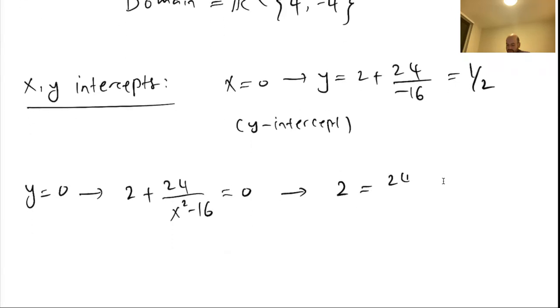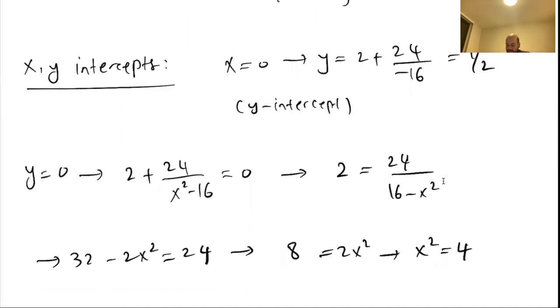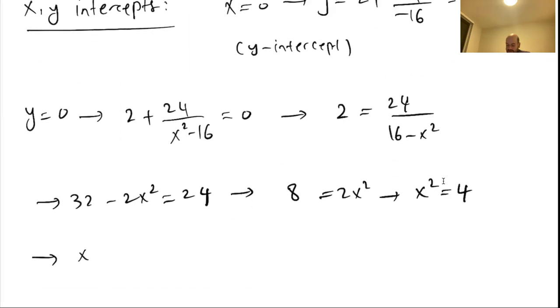If I take this 24 over x squared minus 16 to the other side, 24 over 16 minus x squared. So 32 minus 2x squared equals 24. And that gives 8 equals 2x squared. x squared equals 4. x equals plus minus 2. These are the x-intercepts.